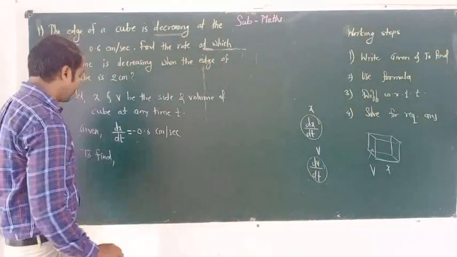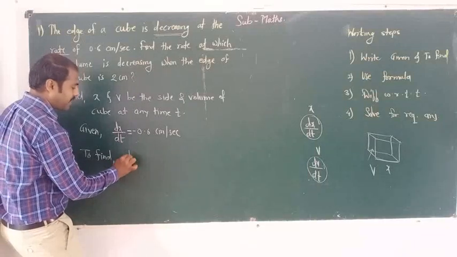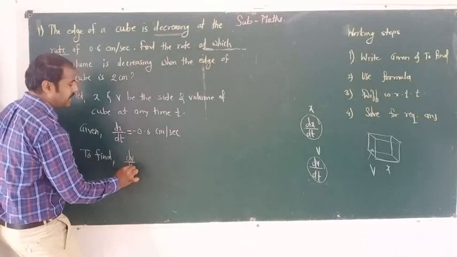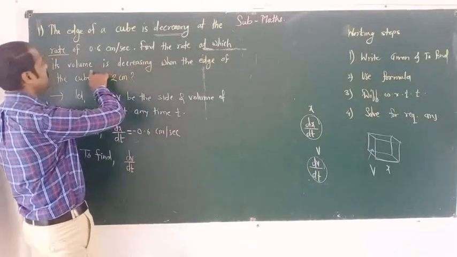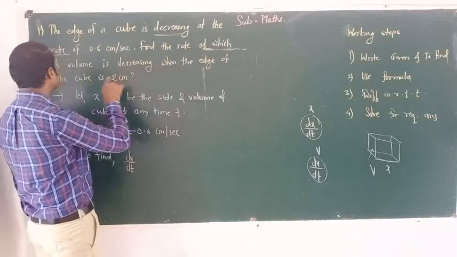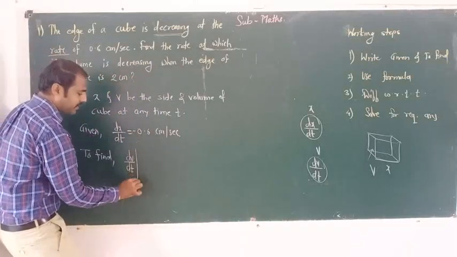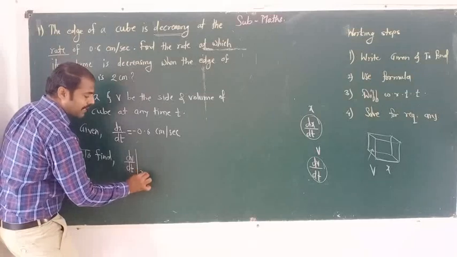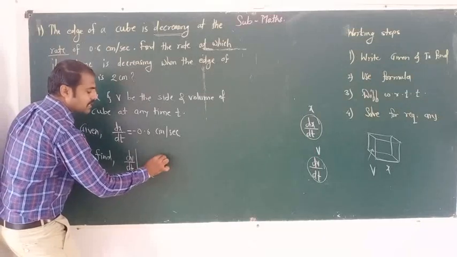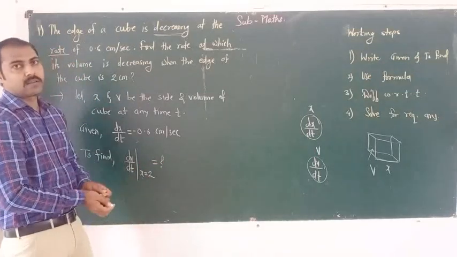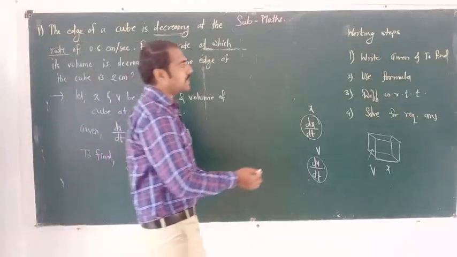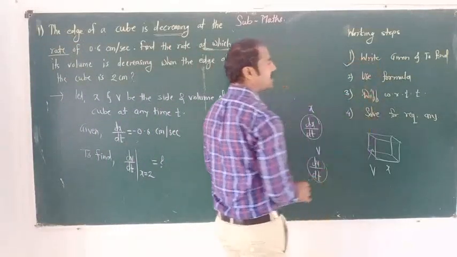To find dV by dt, when the edge of the cube, that is x, is equal to 2 cm. Okay, the first step is completed. Write the given and to find quantities.